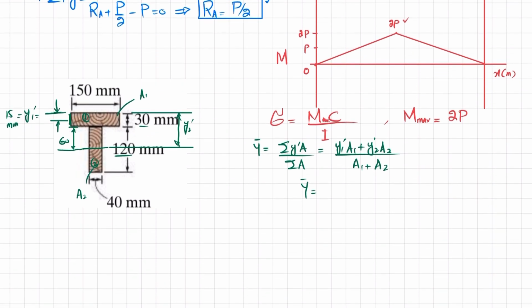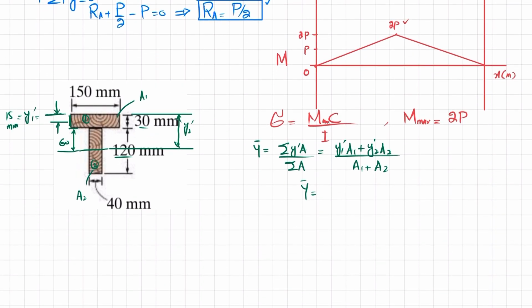Okay. So y1 dash is 15 millimeter, which in meter is 0.015, into this shaded area, 150 multiplied by 30. So 150 in meter is 0.150, and thickness is 0.03 meter. Clear?